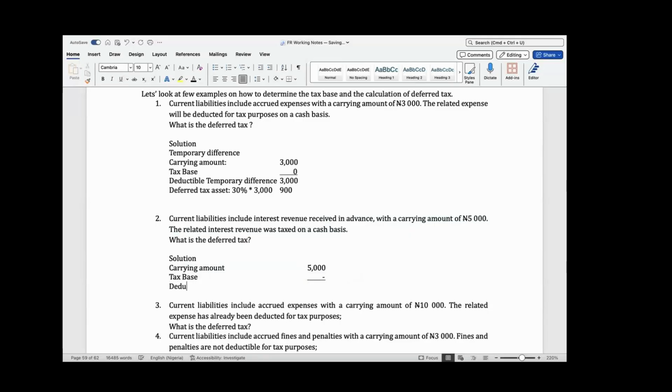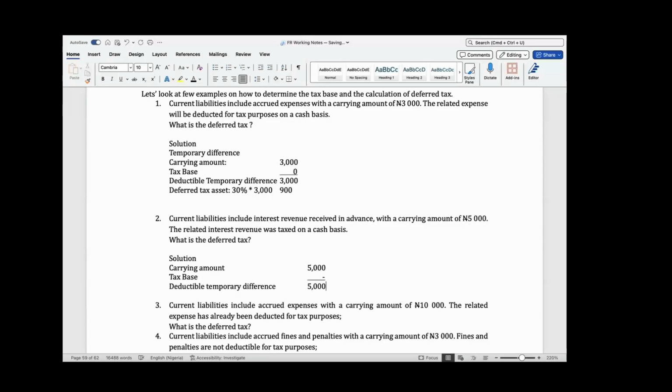So the opposite of that is that we won't pay any tax again in relation to this item. So that would be a deductible temporary difference because it has been taxed in the past, so he is not going to tax it again.